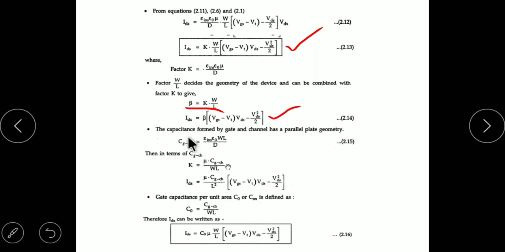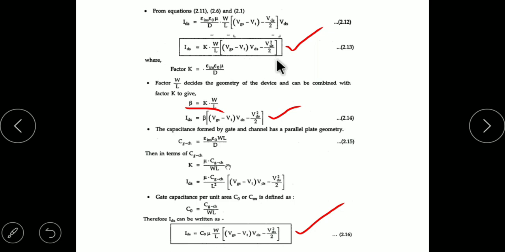And in terms of capacitance, you will get this expression where C0 is the gate capacitance per unit area. Whenever the channel length and width are equal to 1, then the channel area becomes 1 into 1, so in that case the gate capacitance is given by C0. So this is the current equation in the non-saturation region.